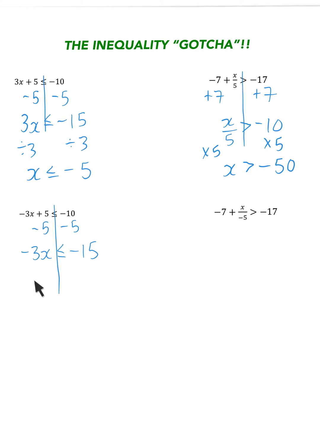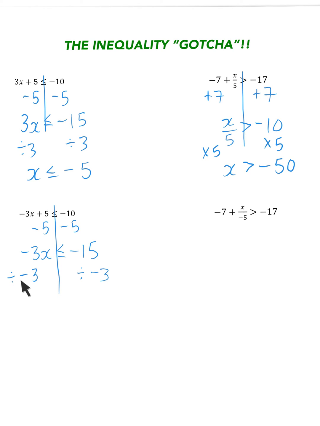Now, here's the trick. To solve from here, I need to divide both sides by negative 3. As soon as you divide or multiply, in this case division, by a negative number, something happens. Okay, so here, solving this, I had to divide both sides by negative 3.